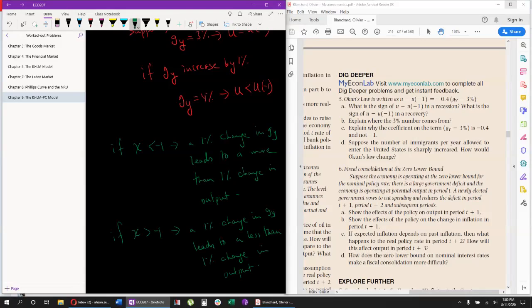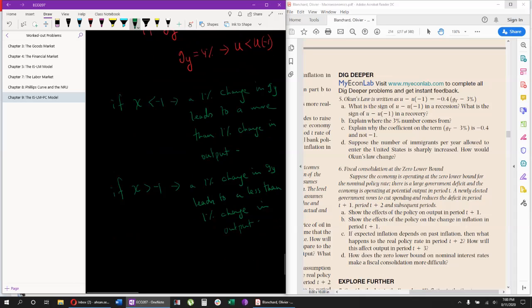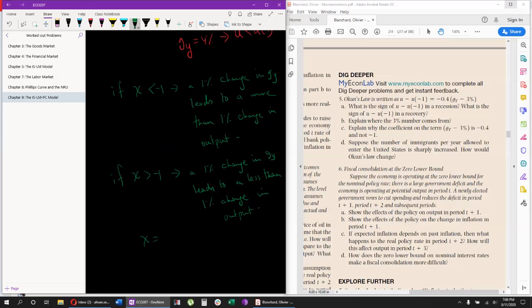So in this case, a 1% change in growth leads to a 0.4% change in unemployment. And of course, if x is exactly equal to -1, a 1% change in output growth leads to a 1% change in unemployment. That's it.